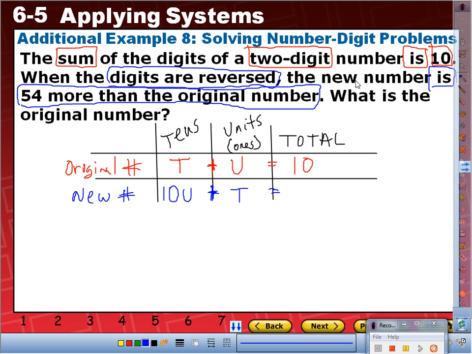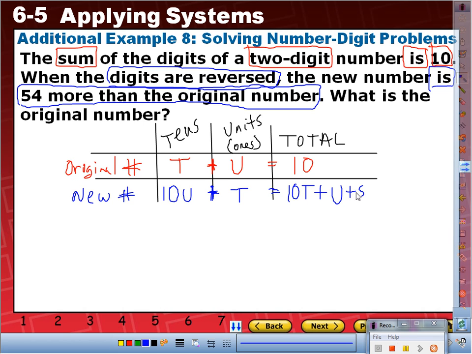When the digits are reversed, the new number is 54 more than the original. So the new number is 54 more than the original. What was the original? This is the original, but since I'm going to write it in this format, I'm going to write 10T plus U. And how many more? 54.